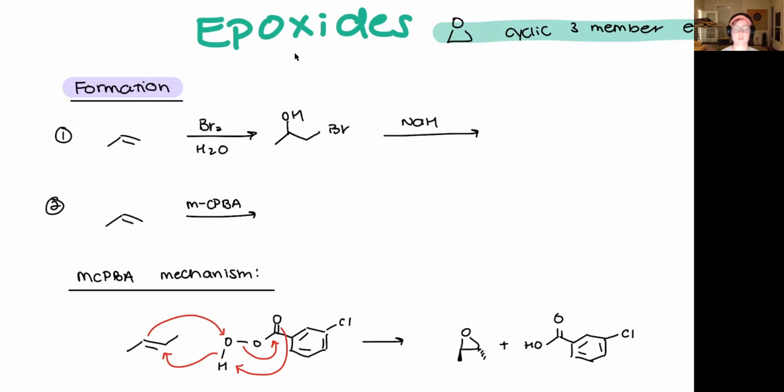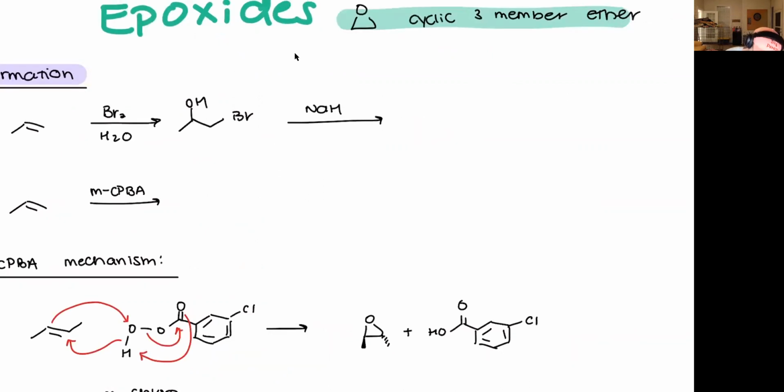The first step is to form the halohydrin, and then the next step is to deprotonate the alcohol. Then that alkoxide will go in and attack the neighboring carbon and displace the bromine, and we will get an epoxide that looks like this.